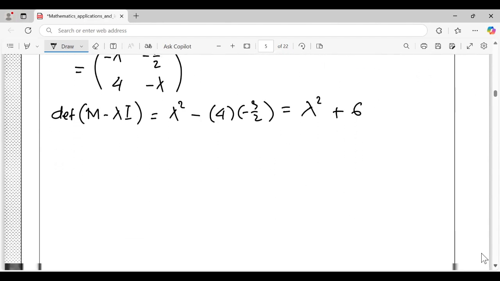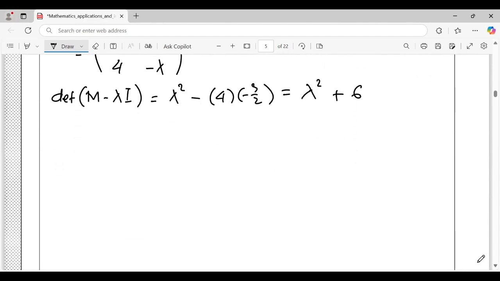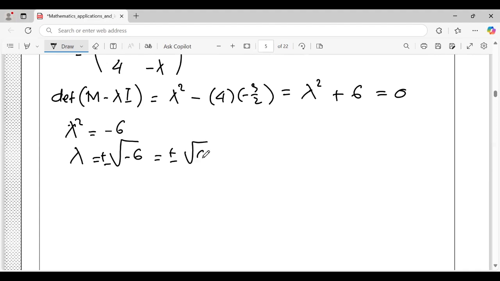Now we are going to determine lambda, and after that we're going to find the eigenvalues of M. So this is equal to 0. So lambda squared equals minus 6, or lambda equals plus minus square root of minus 6, or plus minus square root 6 times i.